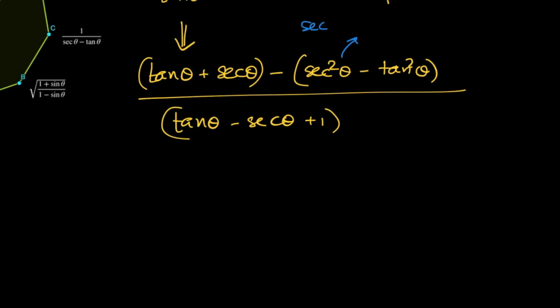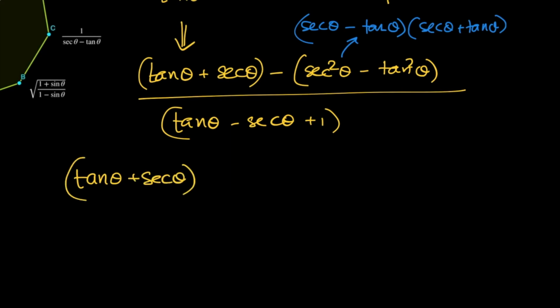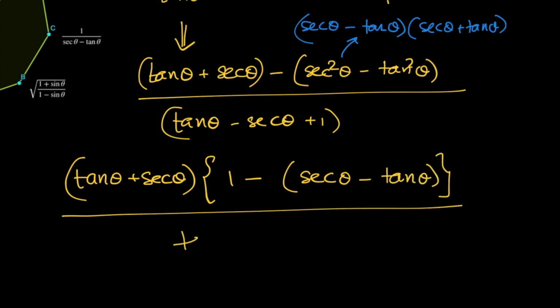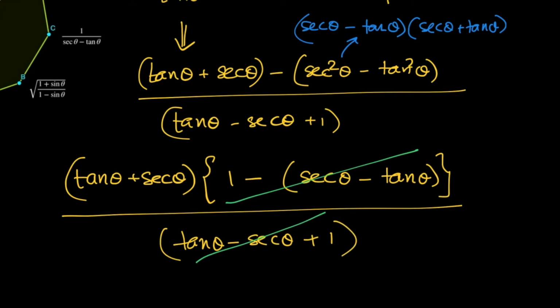This is actually sec theta minus tan theta into sec theta plus tan theta. So you take sec theta plus tan theta out. Tan theta plus sec theta is taken outside. So this becomes 1 minus of sec theta minus tan theta divided by tan theta minus sec theta plus 1. Now you see that these two get cancelled off and you are left with tan theta plus sec theta.